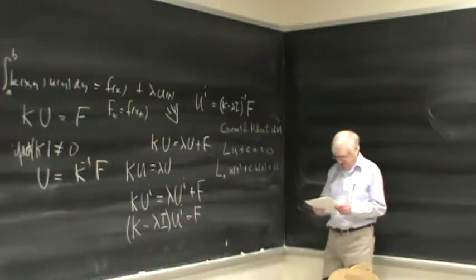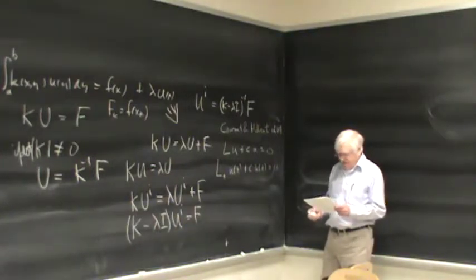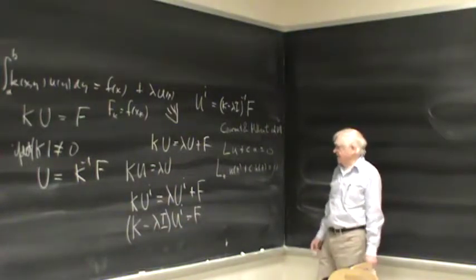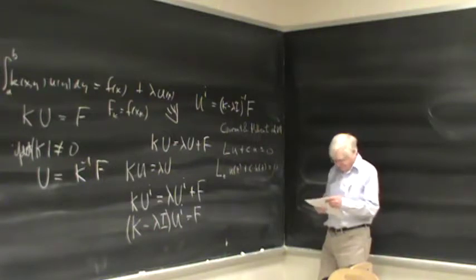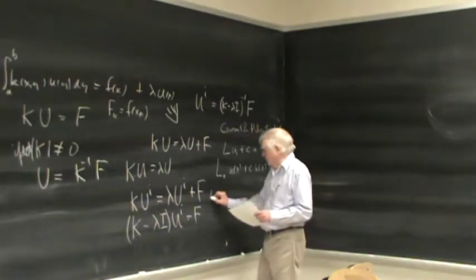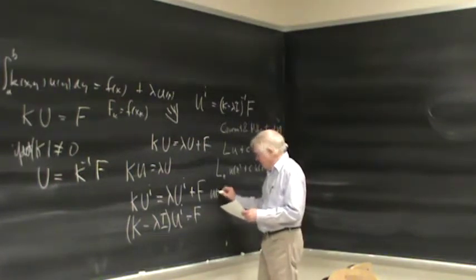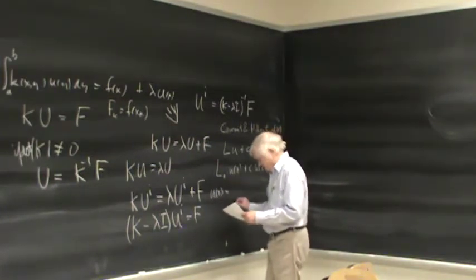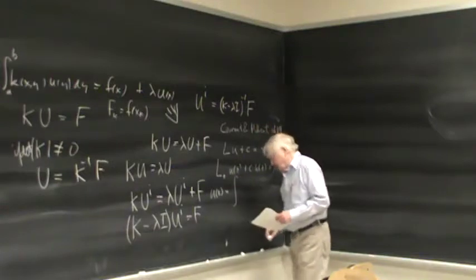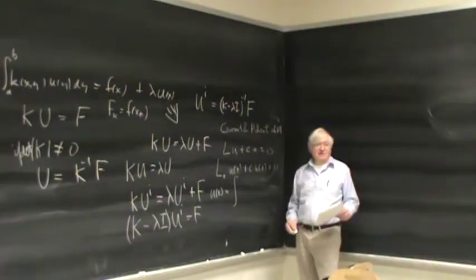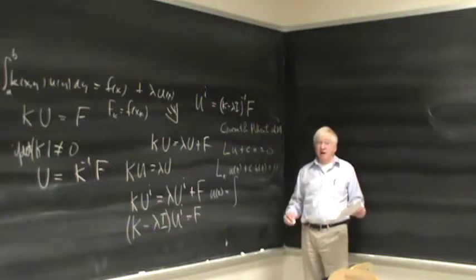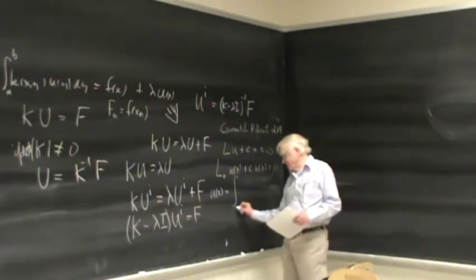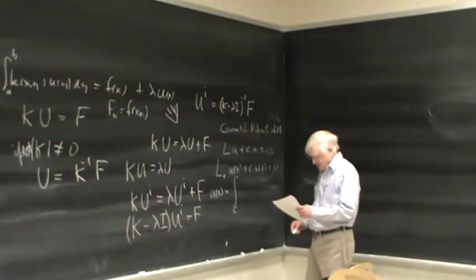That's kind of what we're thinking. Now, the trick here is to look for a solution of this form. U of Z is an integral, and if you're doing complex variable theory, you're going to use a contour integral.